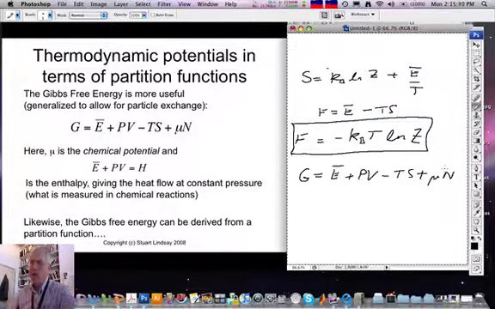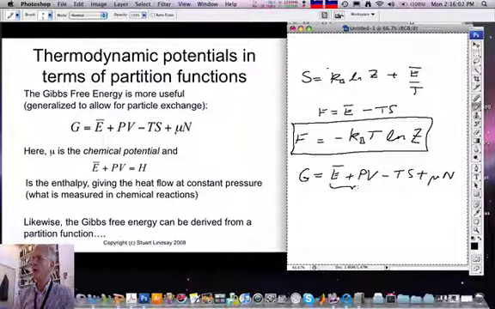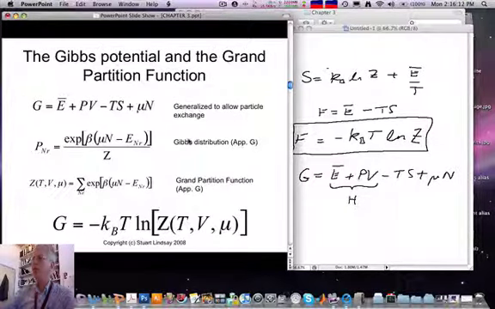This will be a very useful result when we consider, for example, chemical reactions where the number of particles changes, equilibria between different phases where the number of particles, for example, in the solid phase versus the gas phase can change, and a result we'll use when we do quantum mechanics. For the chemists amongst you, this quantity here, E plus PV, is what's measured by calorimetry and is called the enthalpy H.